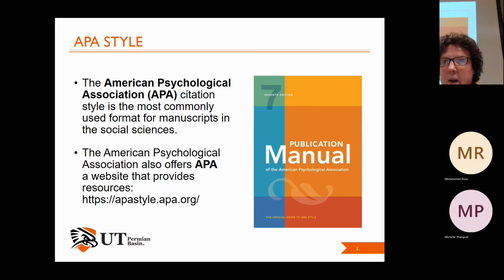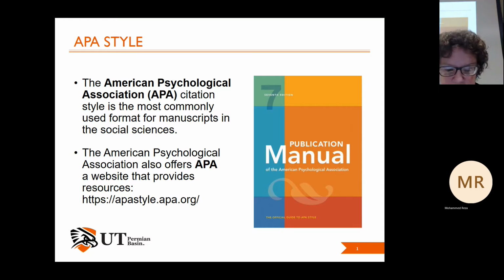The APA website also offers particular web sources. So that is your URL right there. We are doing the 7th edition. That's what the cover is. We have multiple copies of the APA publication manual that you can use in the library or you can check out.